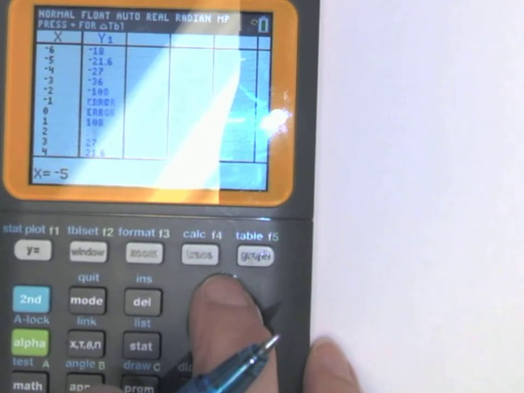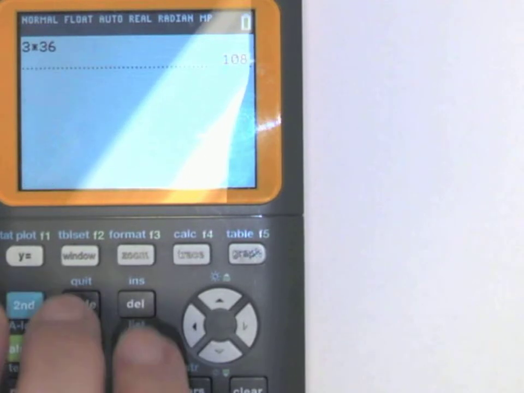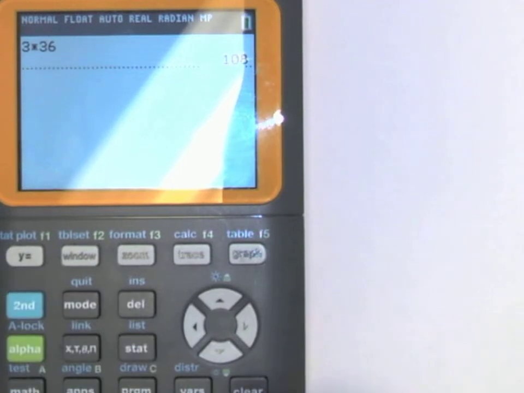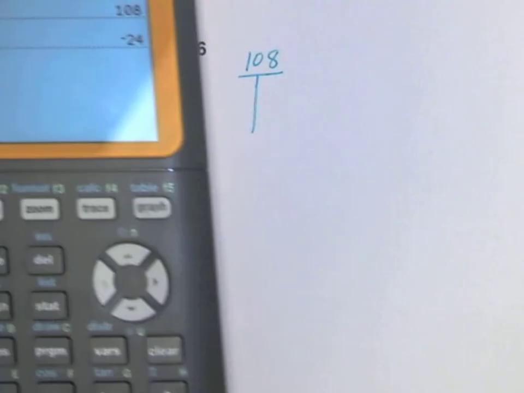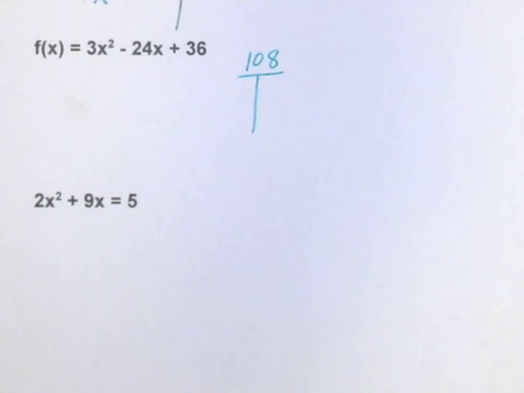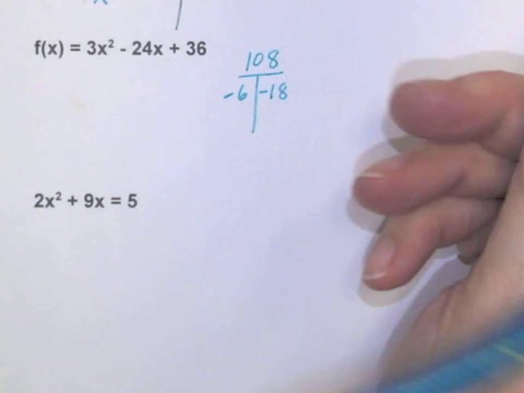Negative 24. Sure looks to me like it's negative 6 and negative 18. If you're bad at your negatives and you're not positive, then you go negative 6 plus negative 18. Look, it's negative 24. I don't know if y'all can see that. Little glare there. Okay, so we've got negative 6 and negative 18.